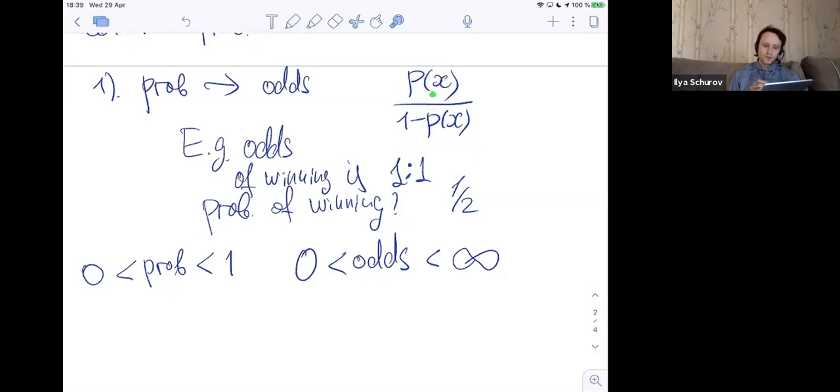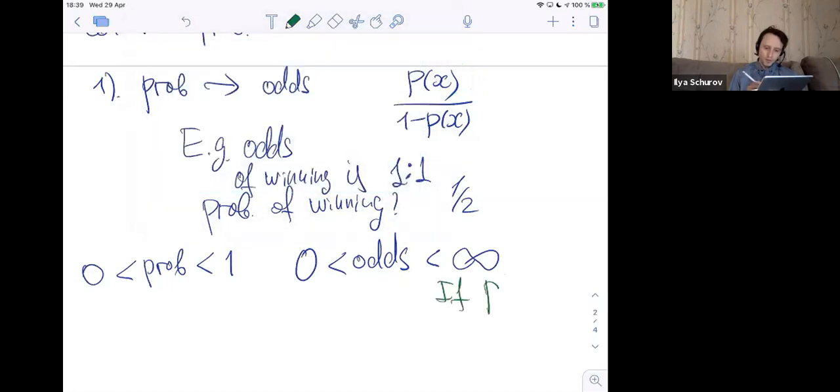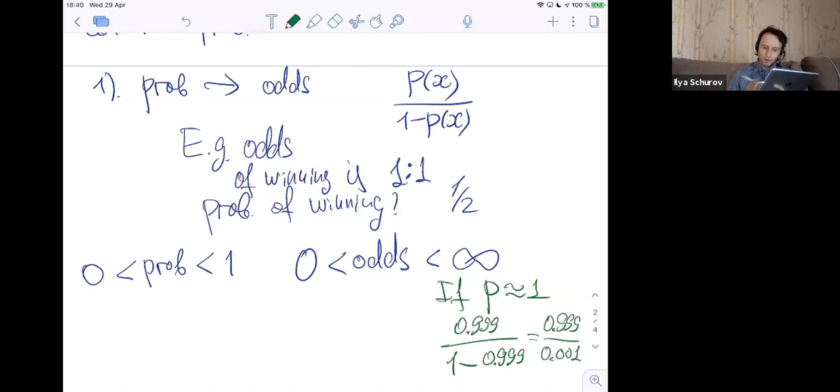If this probability is close to 1, then we have something like 1 divided by 1 minus something very close to 1, so something close to 1 divided by something very small.